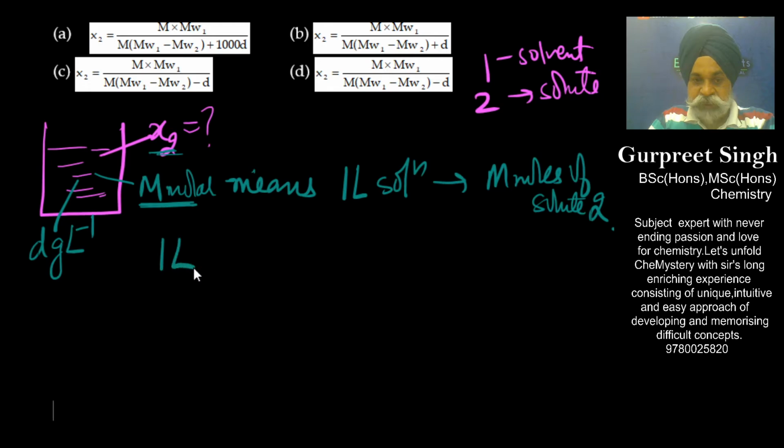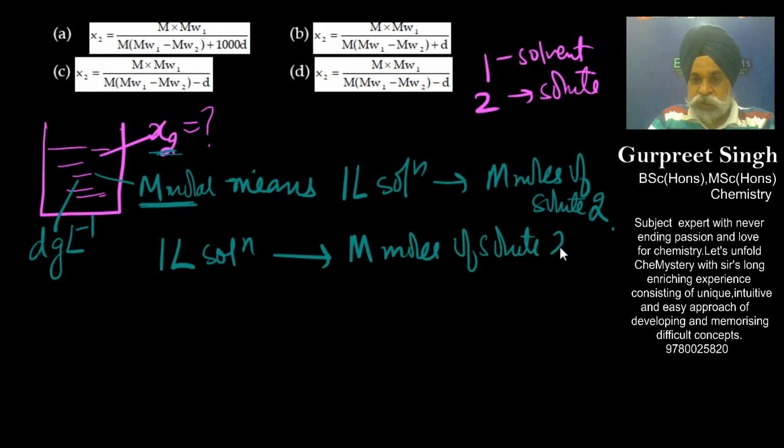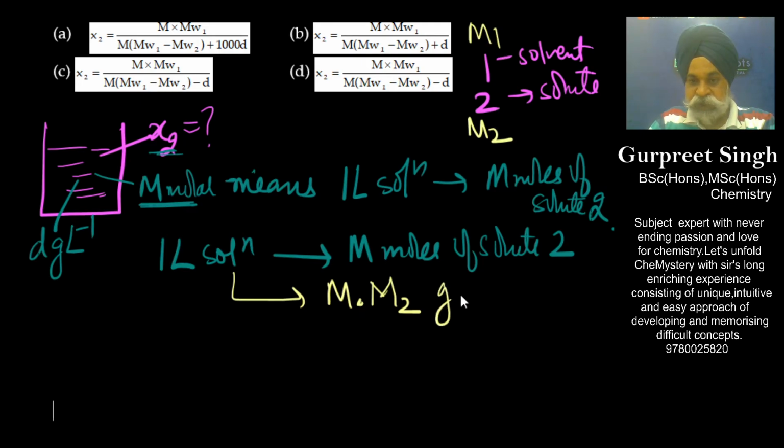So I will say 1 liter of solution is containing M moles of solute 2, and this can also be said to be M moles into molar mass, that is M2. Molar mass of that substance is M2, and for the solvent it is M1. Say for example this much grams of solute are there in 1 liter.